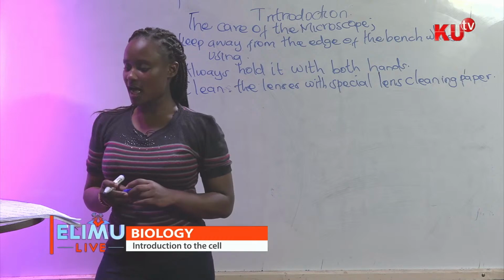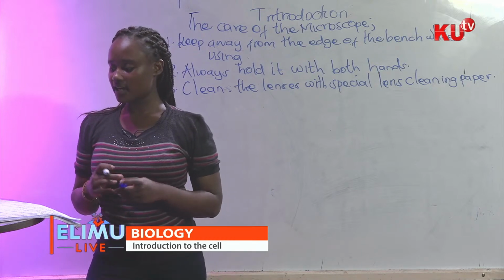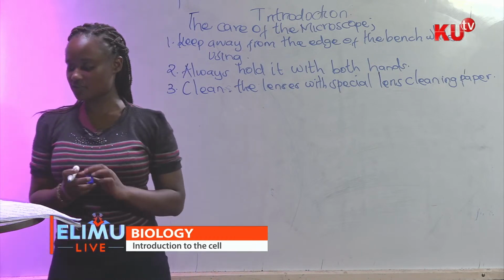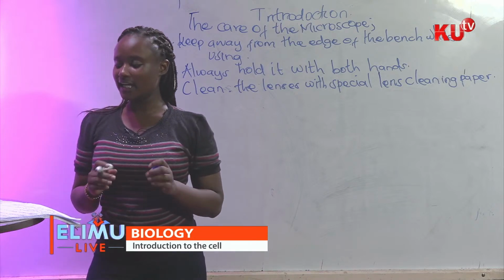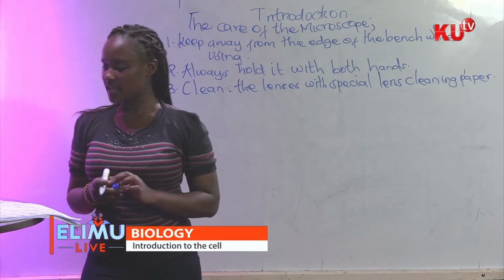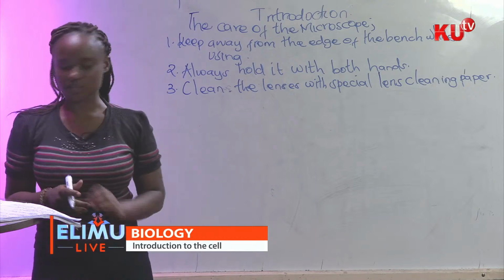And now we go to our fourth one. Make sure that the low power objective lens is in position, in line with the eyepiece lens, before and after use.